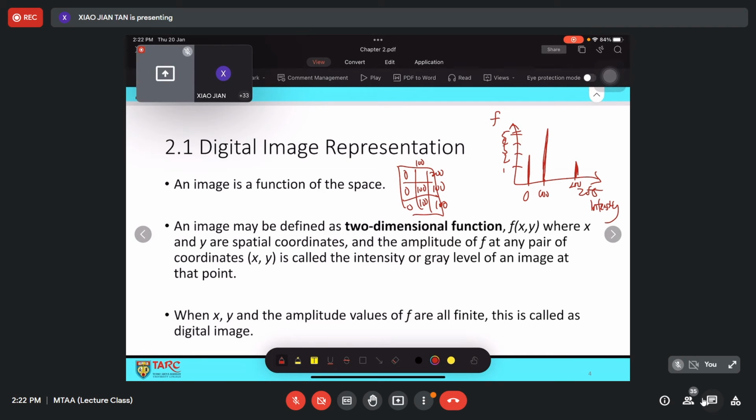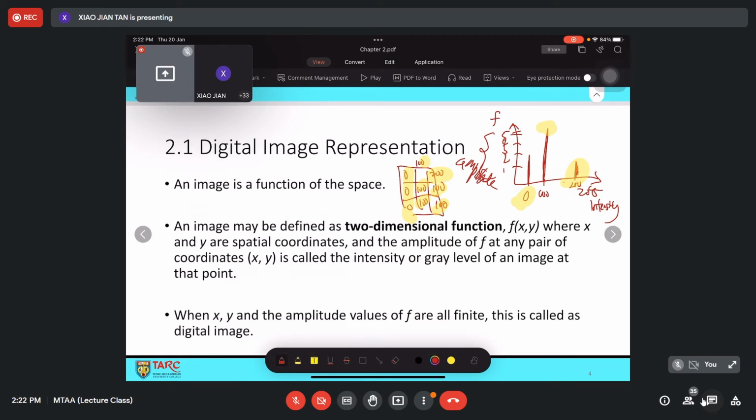Why? Because the total number of pixels would be 9, right? So you have 3 zeros, 5 hundreds, and also 1 two hundred. The rest does not appear anything because it is 0. So this would be your amplitude.